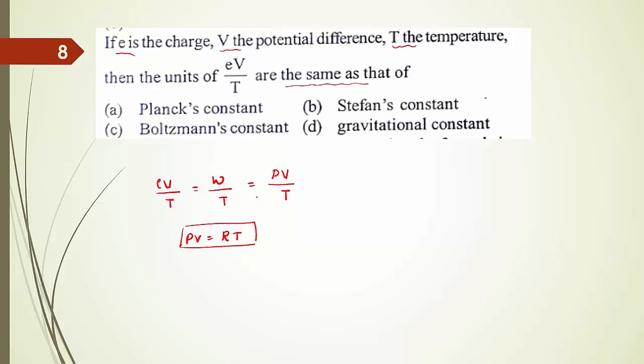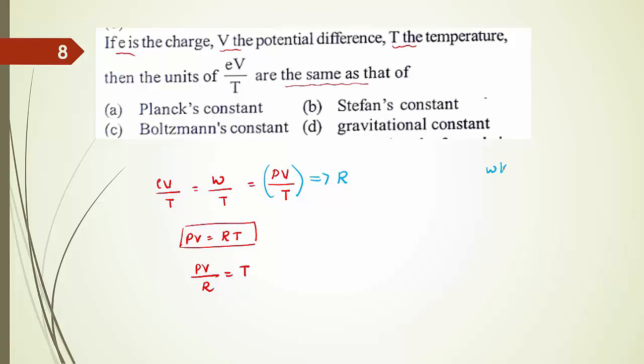So PV divided by T, PV over T can be written simply as R, where R indicates the universal gas constant.